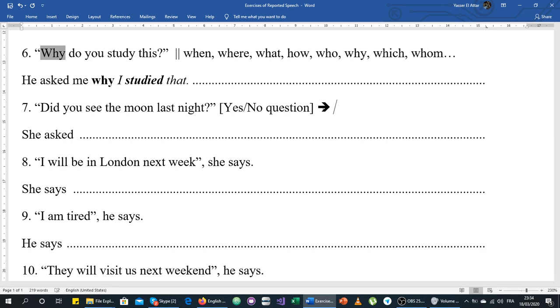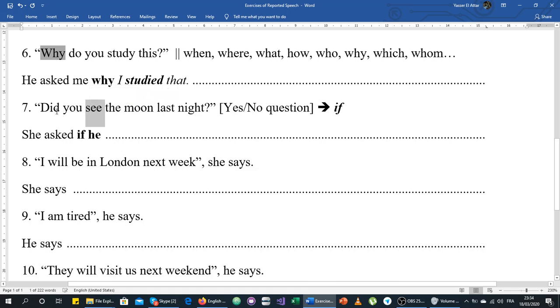We add if. You can be changed to he, she, they, or even I. Why is it I in the previous sentence? Because he asked me. But this one, she didn't ask me. She just asked. We don't know who. So we can keep it I or she or they, whatever, it is correct.